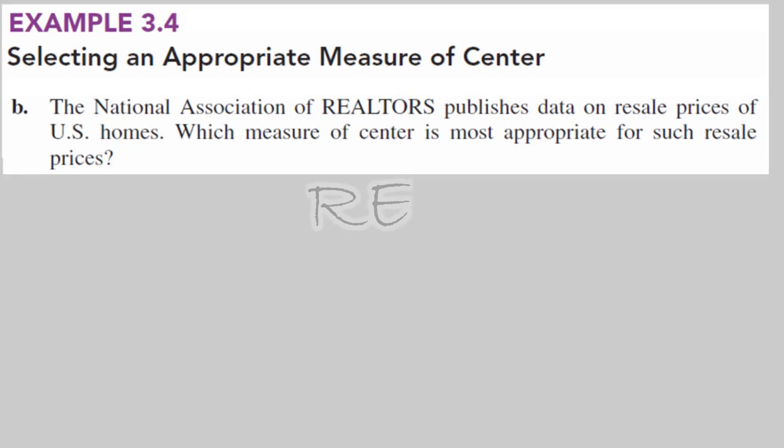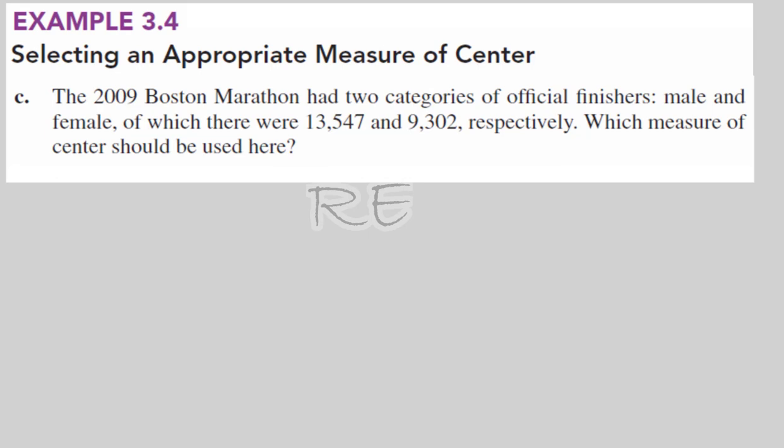It is not pulled by extreme values like the mean does. Now, if you have 2 categories, male and female, the data is qualitative, so you need to use the mode as the appropriate measure of the center.